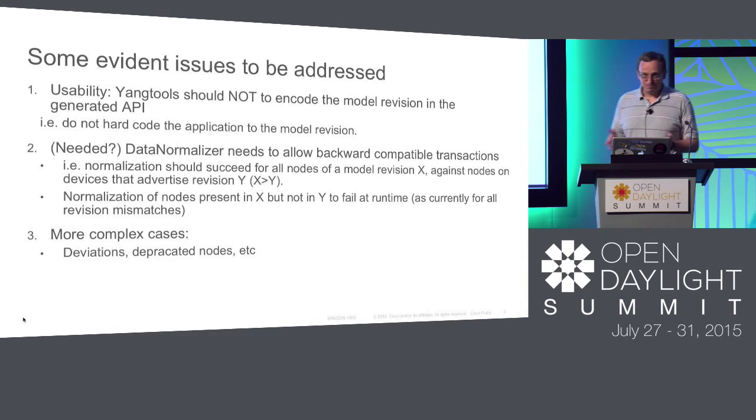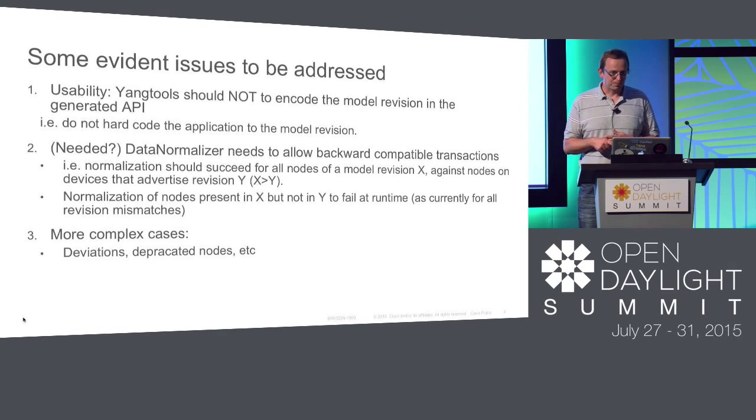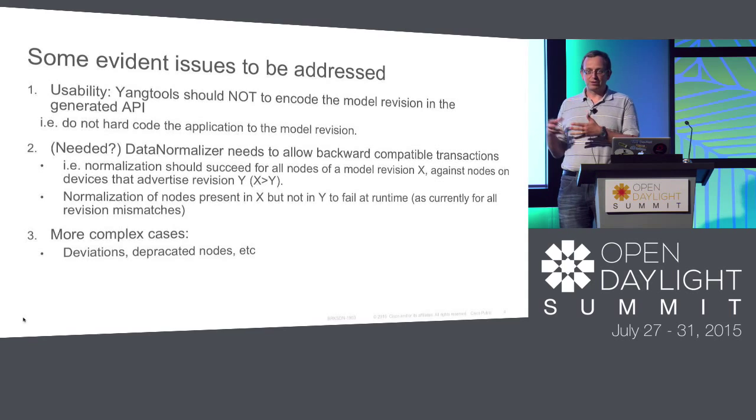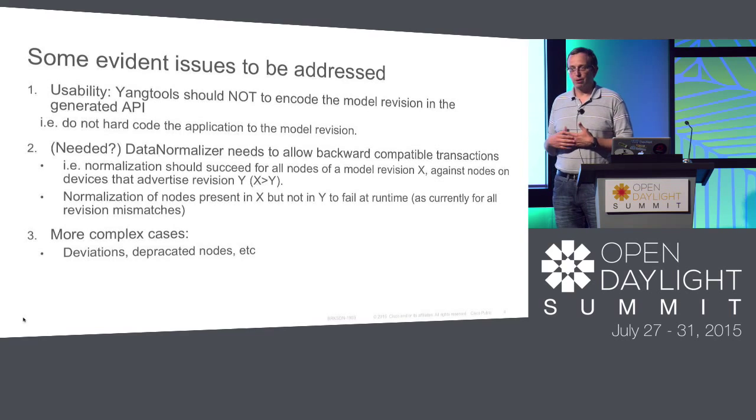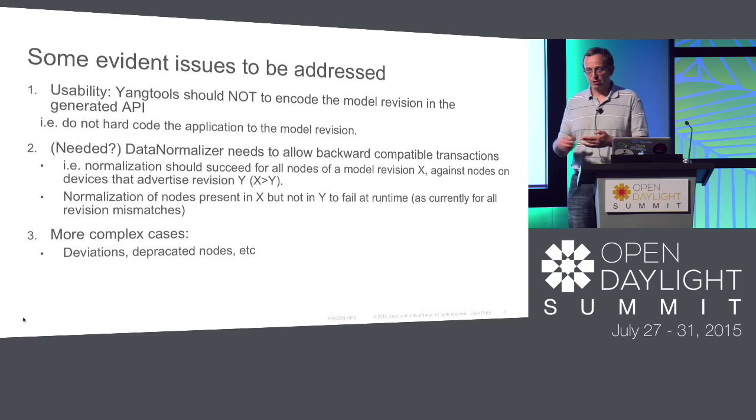The second aspect, which is more under the hood, is of course that such transactions should be allowed in sets of cases, meaning, yes, the Yang model provides backwards compatibility, but there, of course, will be cases, especially if your application is using an API revision that is newer than what is supported on the device.